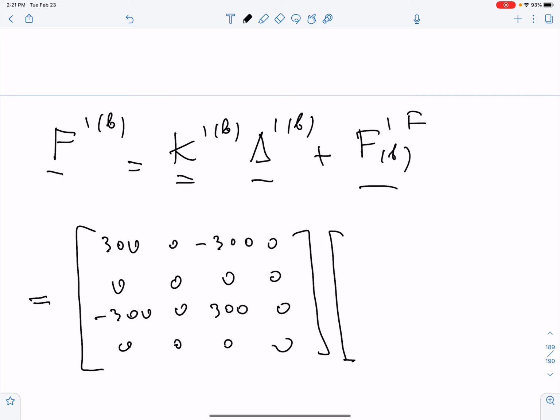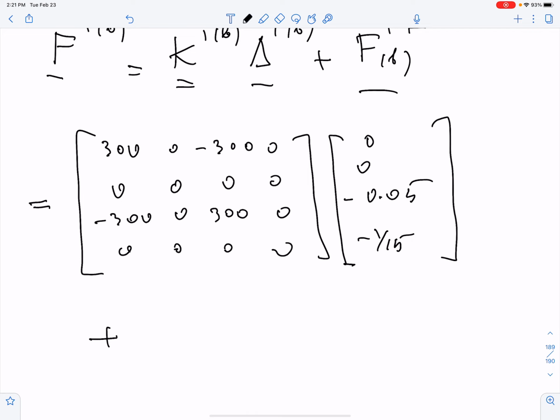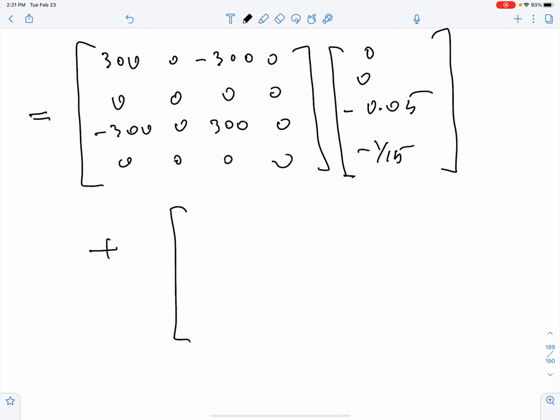That goes and multiplies 0, 0, minus 0.05, minus 1/15, okay? And then you add to it what you computed in the beginning, 15, 0, 15, 0, okay?